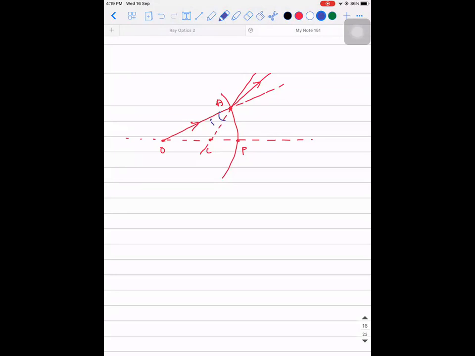That is the angle of incidence, because the angle of incidence is the angle between the incident ray and the normal, right? Then what is the angle of refraction here? I hope you are able to visualize this.